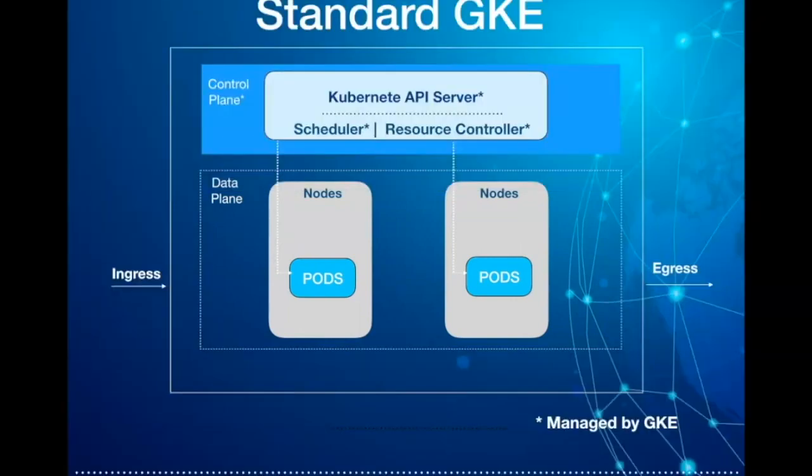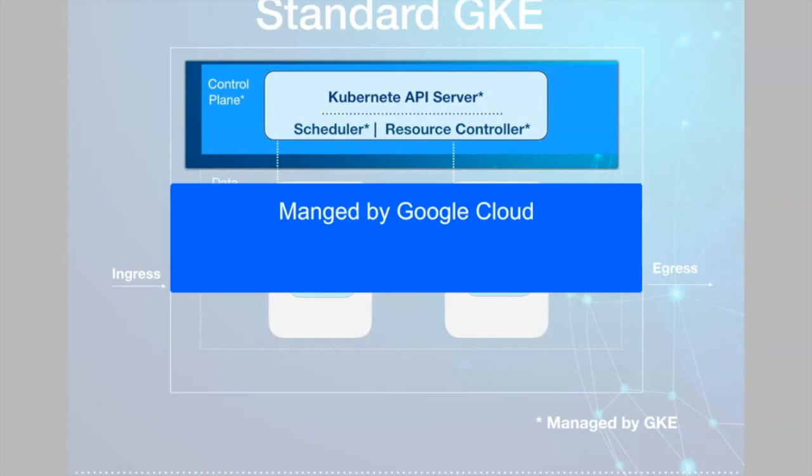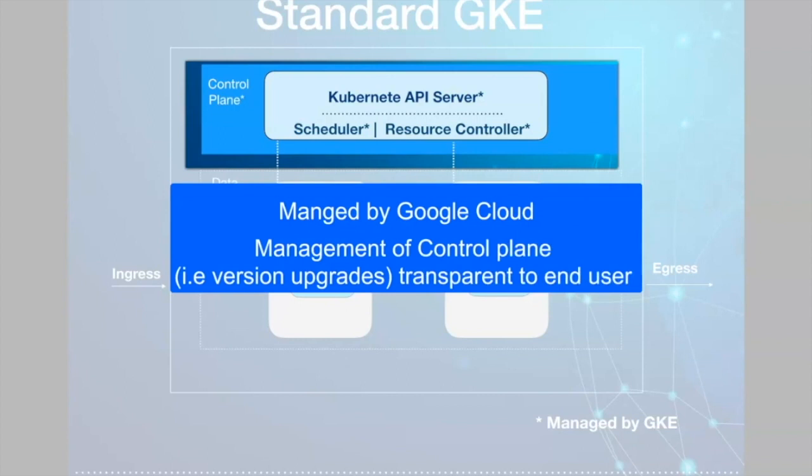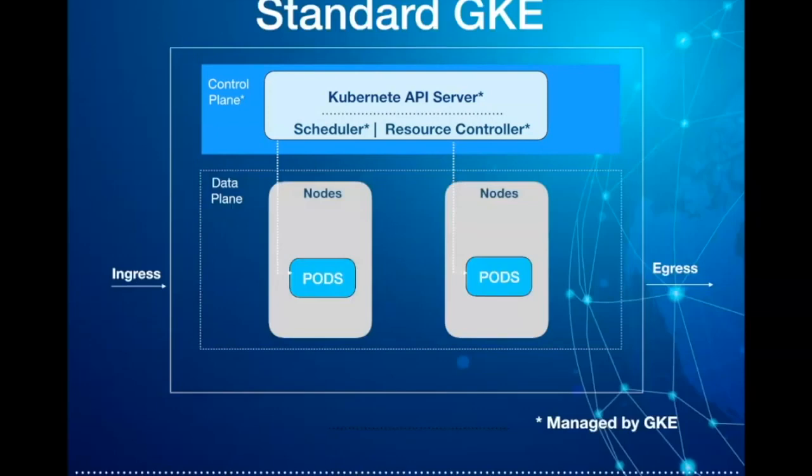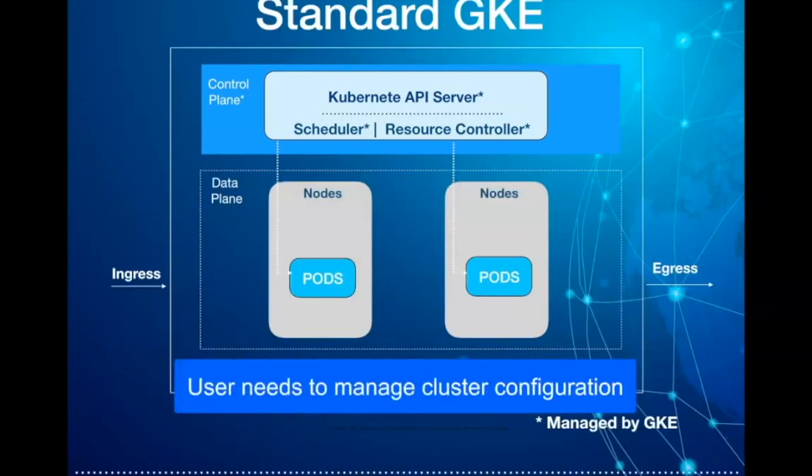Now prior to GKE Autopilot, only the control plane was managed by Google Cloud as a managed service. So any management of the control plane, for instance version upgrade and security, was handled by Google Cloud and was transparent to the end user. However, the user still needs to make certain decisions on the cluster configuration.